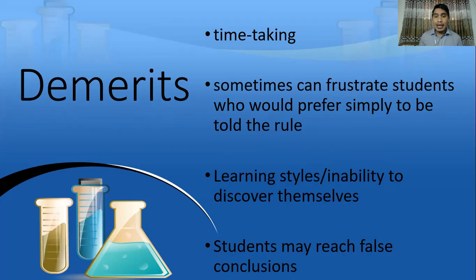Then, of course, learning styles and ability to discover by themselves differ because of the learning modality that they prefer. And students may reach false conclusions. So we have to be very careful whenever we use the inductive method and make sure that students reach conclusions that are true and not false.